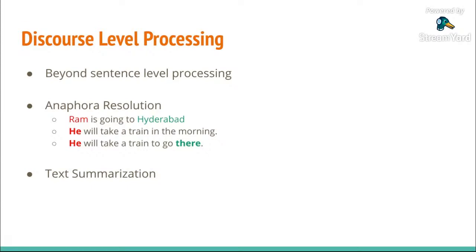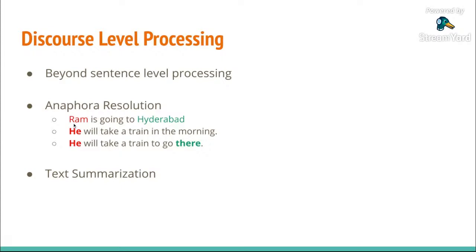Now, when we look at discourse level processing, we look at the previous sentence, or sometimes the entire paragraph or entire page, as context. One example is anaphora resolution. Anaphora resolution is trying to identify what a pronoun means and get the corresponding entity.